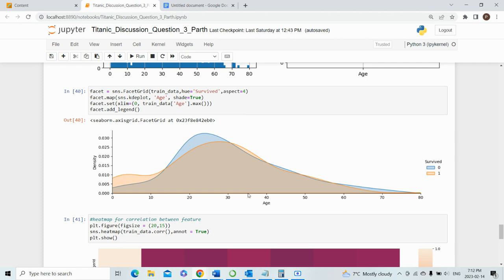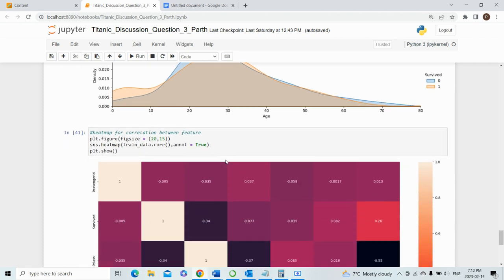Between those ages, people got the highest rate of death and life. But the peak for the people who survived was at the age of 25. The people who died peaked at around 28 or 30 years of age.